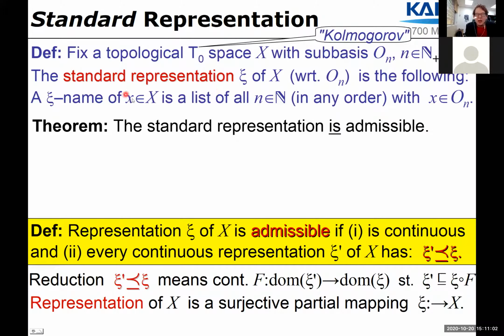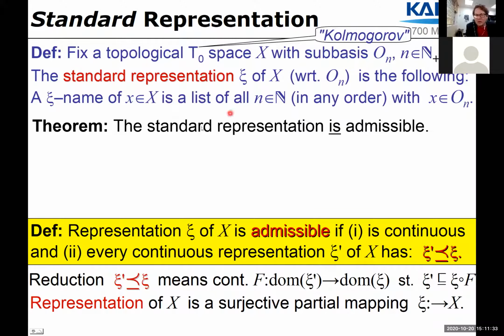So whenever x and x prime are distinct elements in the space, there exists an integer n such that O_n contains the first but does not contain the other one, and that means the two lists must be distinct. One list contains n, and the other list must not contain it.